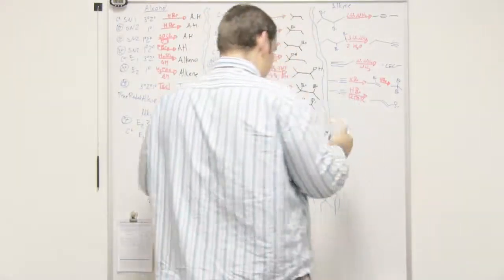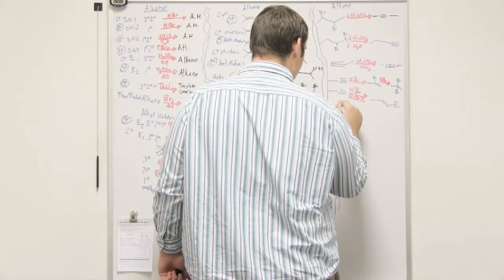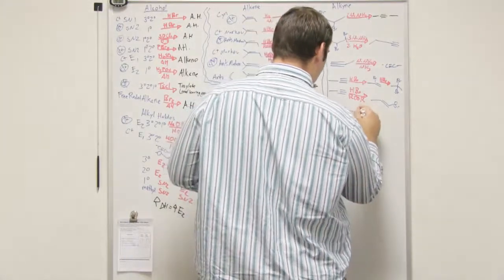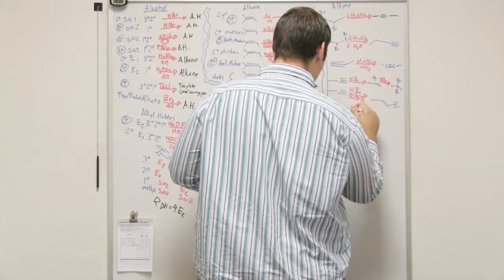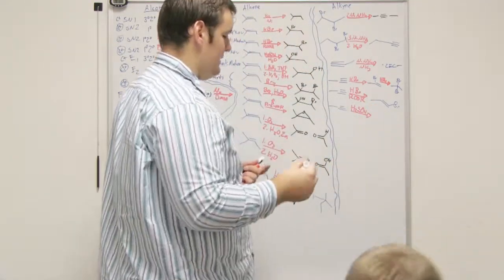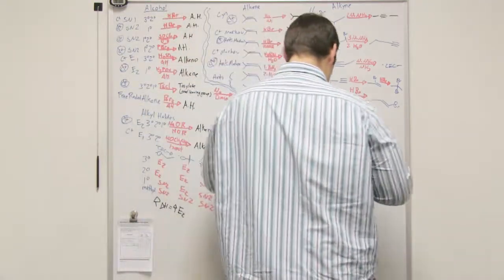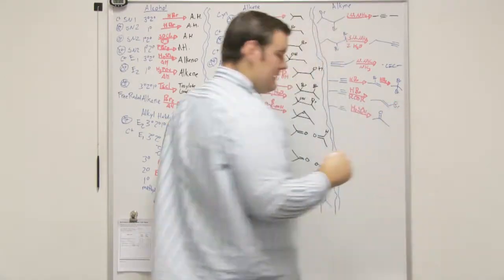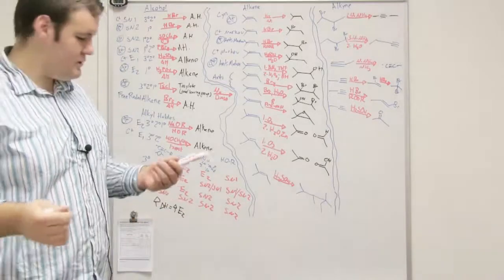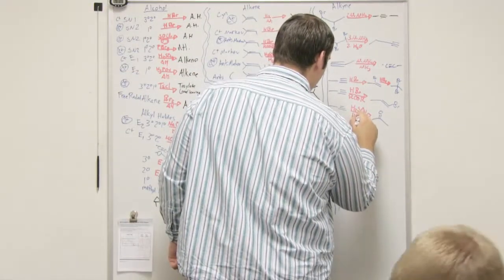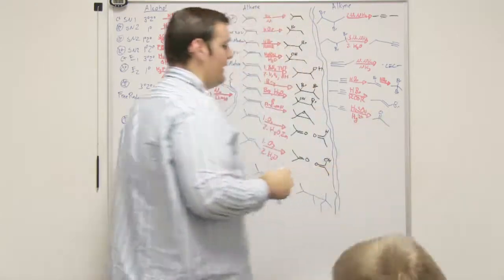Now, one that will be semi-confusing is you can add H2SO4 and water, but it doesn't really work. It ends up forming a ketone in the middle, actually, which is kind of cool. You haven't learned how to make ketones. And it actually works better if you add a mercury ion in there.